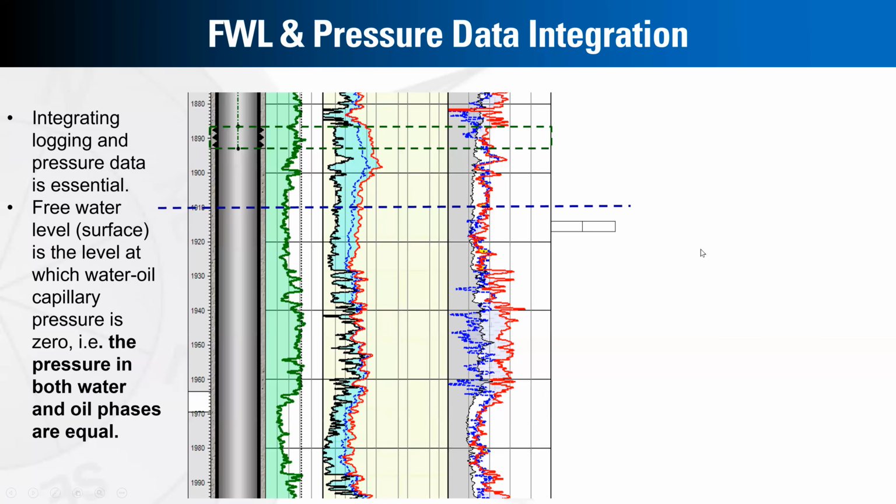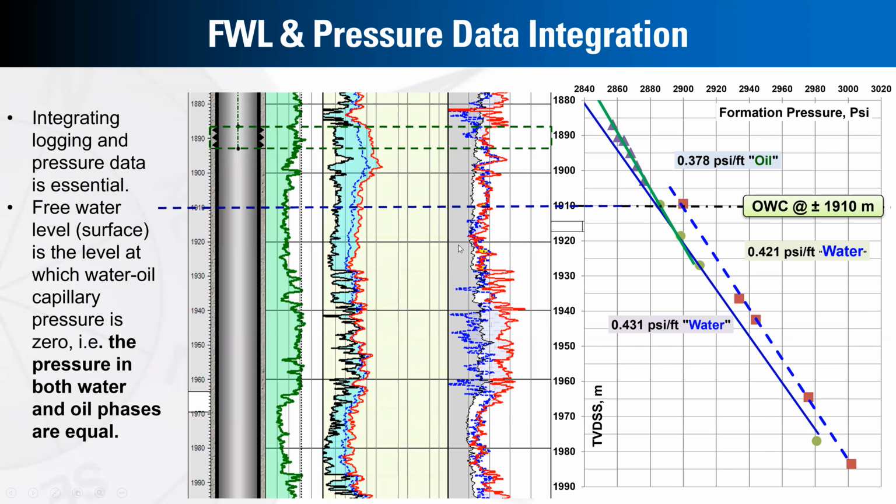So identification of the free water level, as you can see, uses the pressure measurements, so bottom hole pressure data correlated with the wireline logging.